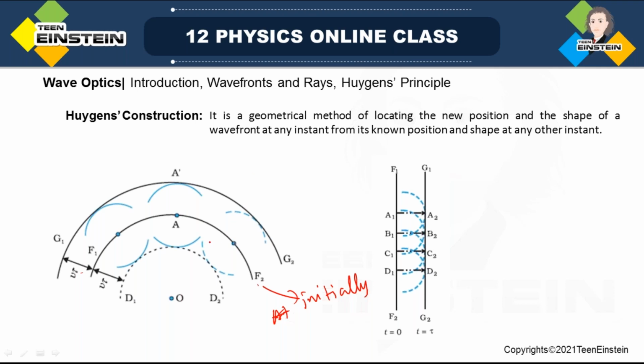To construct the new wavefront, I have to draw a circle, because each point source will create circular wavefronts. So this will reach here. The sphere I'm drawing has radius v tau, because with the speed of light v the wavefront is moving in the forward direction, and tau is the time.